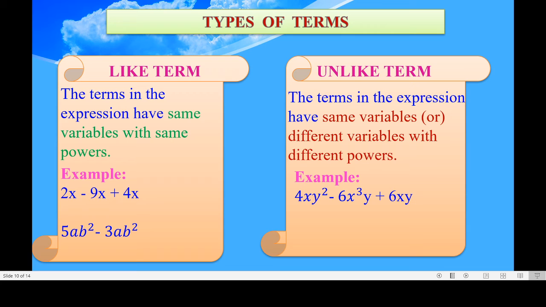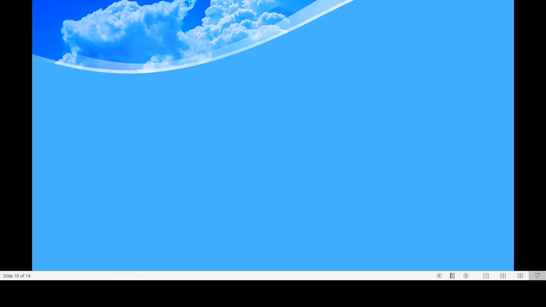So this comes under unlike terms. Let us see one more example, 6ab plus 7xy minus 5a square b. In this example, we are having different variables in different terms with different powers. So these are the two types of terms.